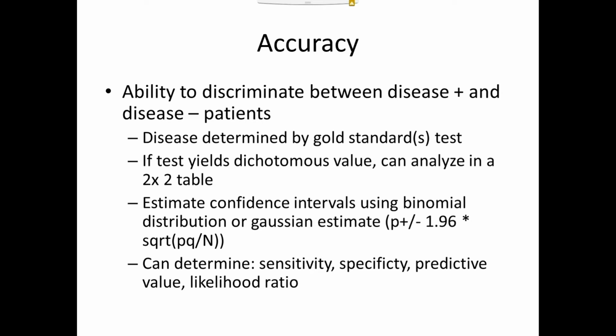You could estimate confidence intervals using a binomial distribution or Gaussian estimate. And you can determine for the test sensitivity and specificity. And for the test in the population used, you could determine a predictive value.